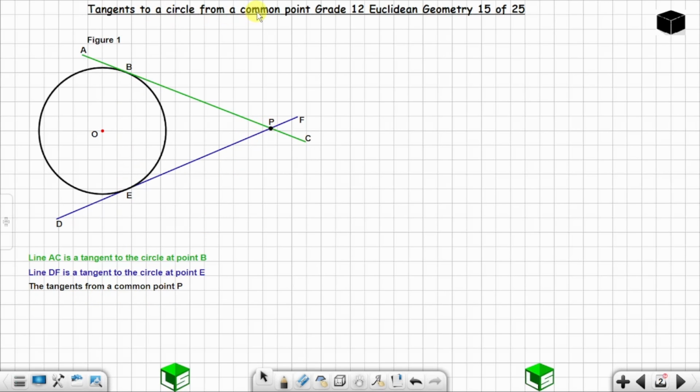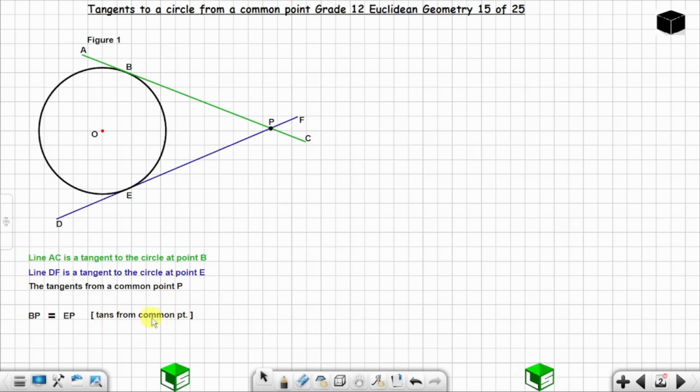This theorem says BP is equal to EP. Okay, and the reason for this, you are going to say tangents from a common point.